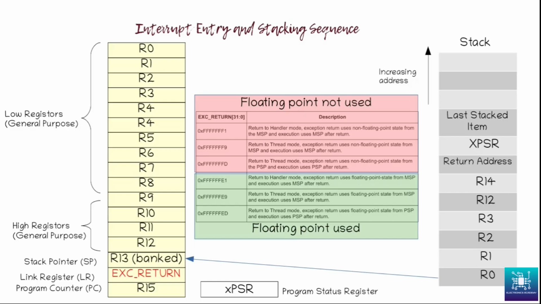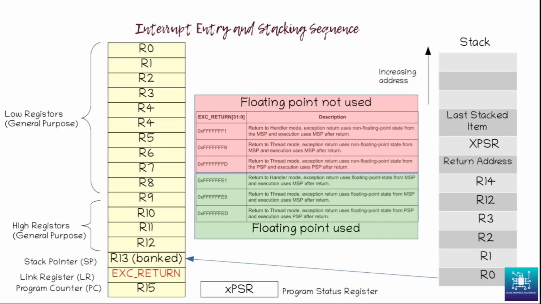And when it has to come back to the thread mode again, it has a choice of which stack pointer it was using. It could be the main stack pointer or it could be the process stack pointer. So it has to remember all of this while returning from the ISR.